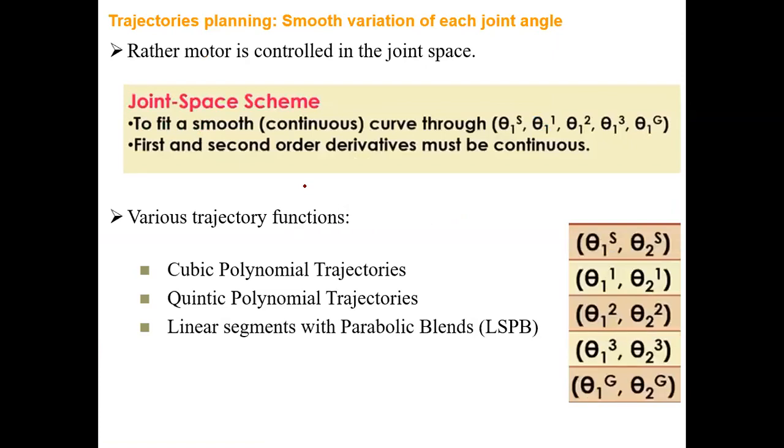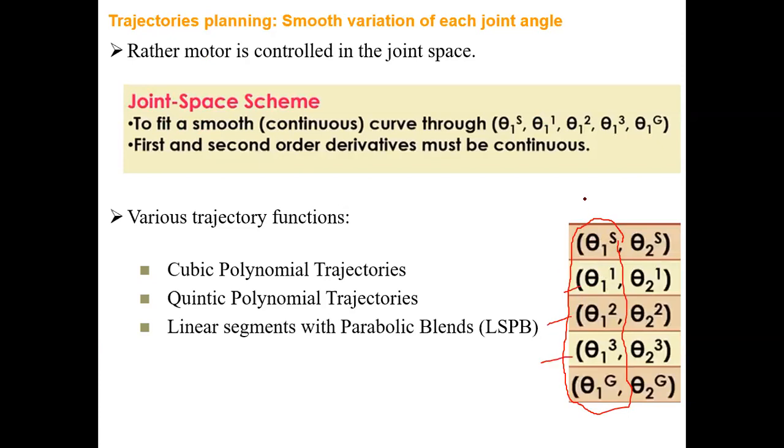So now let's do how to make the smooth curve for theta 1, for instance. First of all, let's finish theta 1, then we will do theta 2 also. Our goal is to finish this up. So theta 1 goes from theta 1s to theta 1g, like this, via points 1, 2, and 3 in my case.